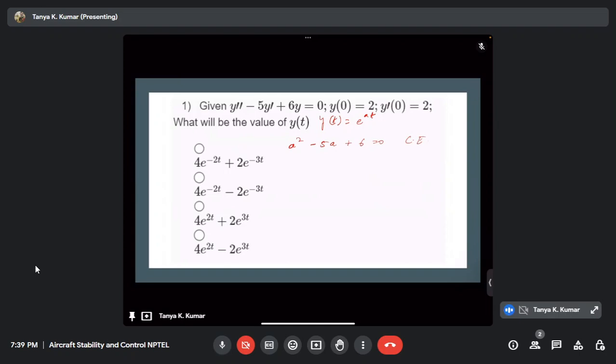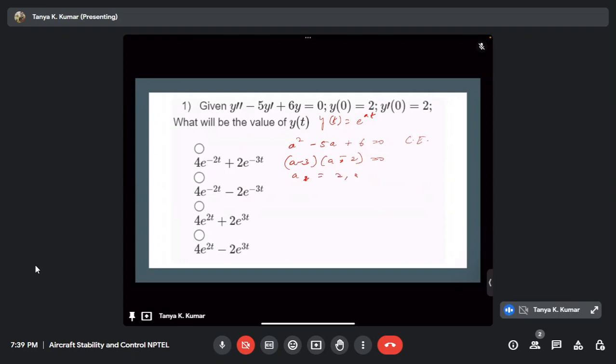Now what are the roots of this equation? How do you find the roots? This is (a minus 3)(a minus 2) equal to 0. So the roots are 2 comma 3.